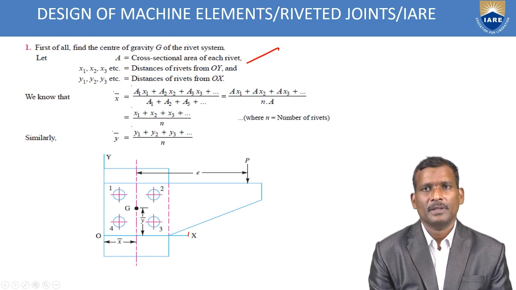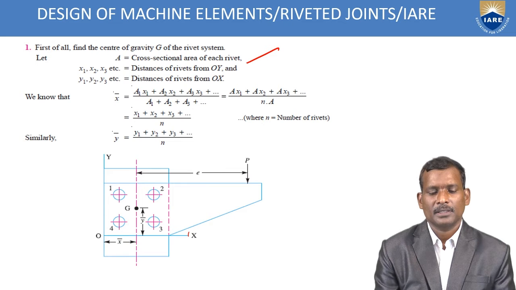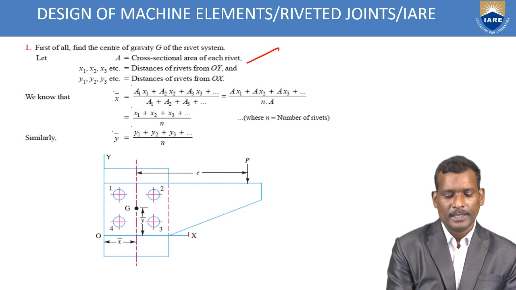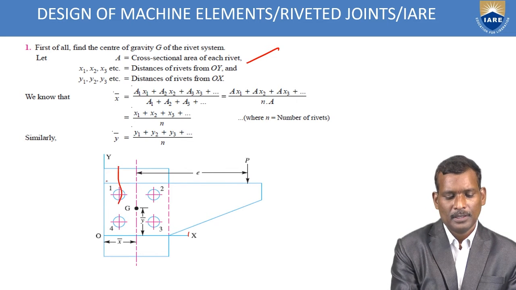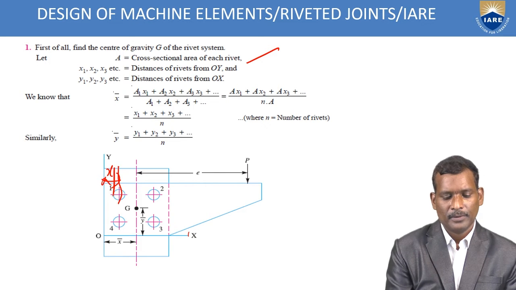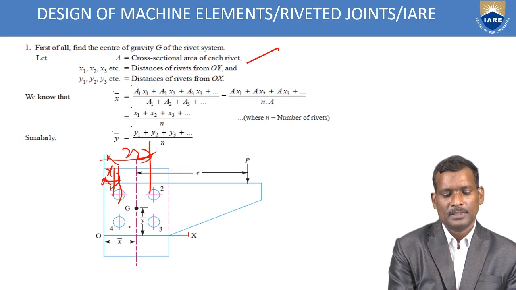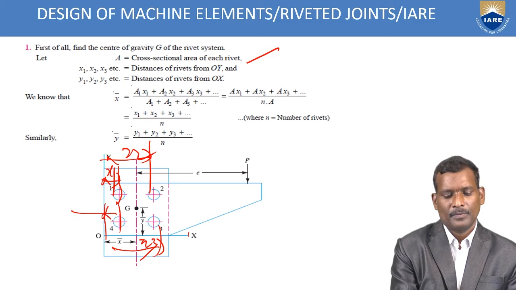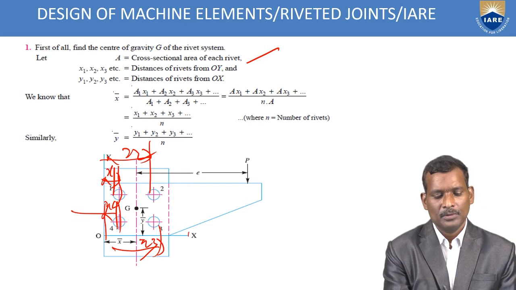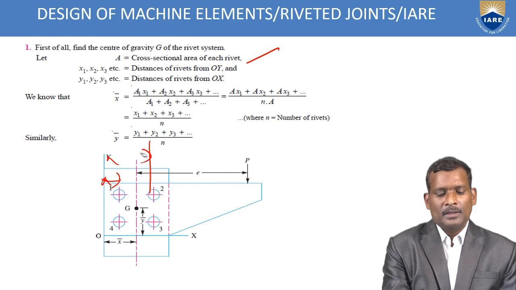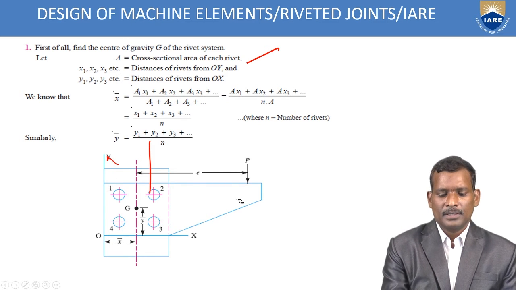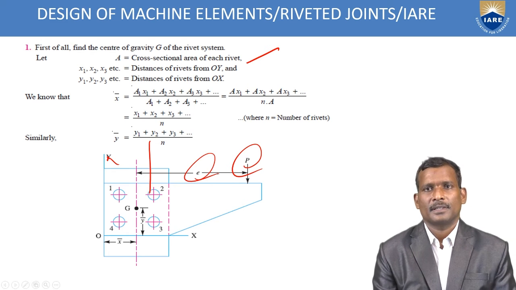Similarly x1, x2, x3: the distance of each rivet from the OY axis, the first one x1, then x2, x3 and x4 need to be specified.